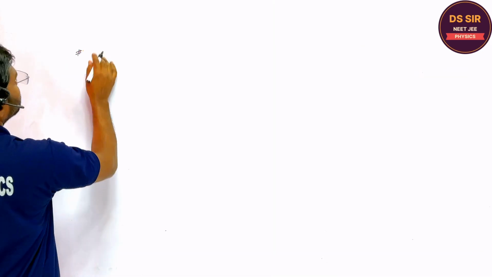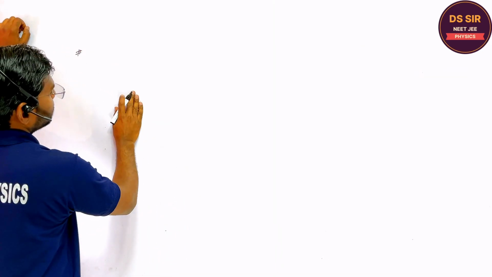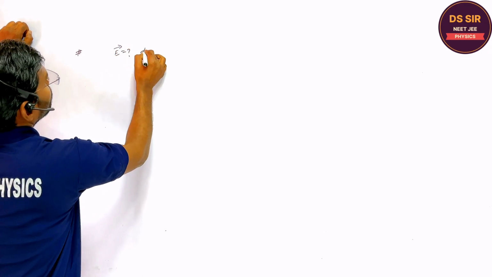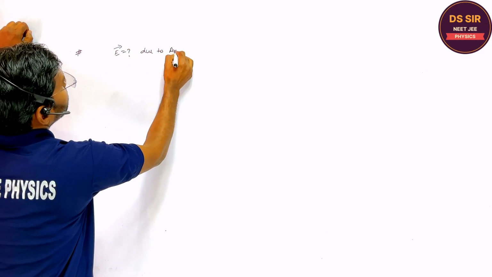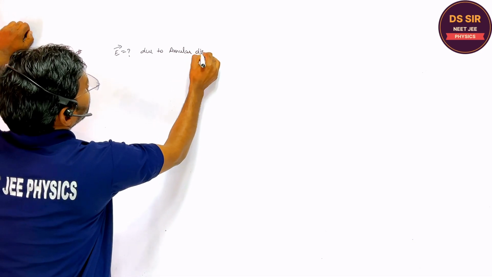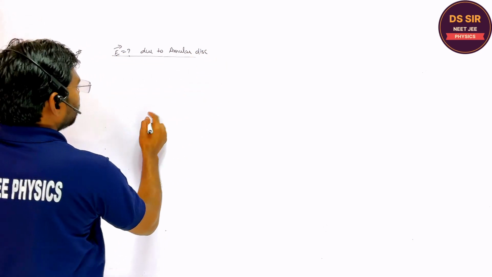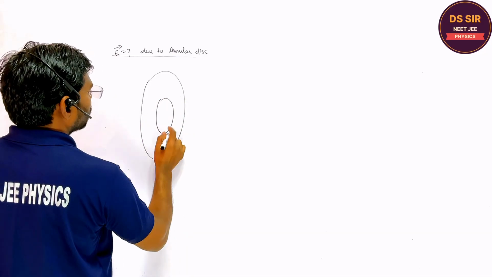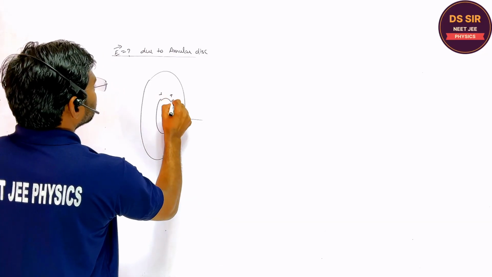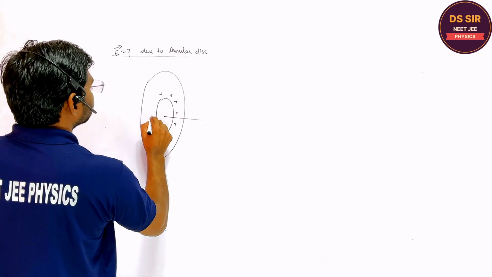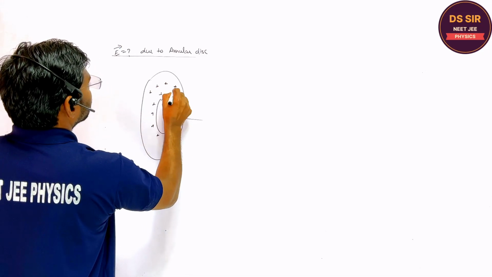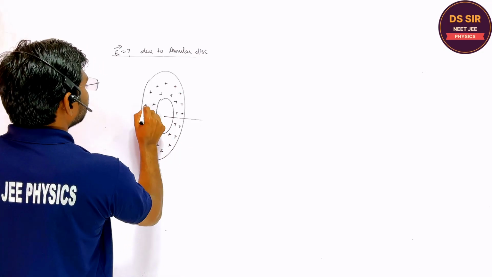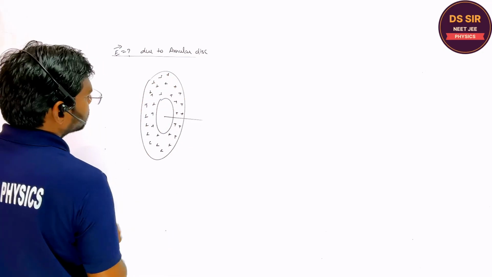The next question of this type: you have to find the electric field due to an annular disk. Annular disk means not the complete disk. Suppose this is the big disk and a small disk is cut out. The electric field you have to find due to this disk.